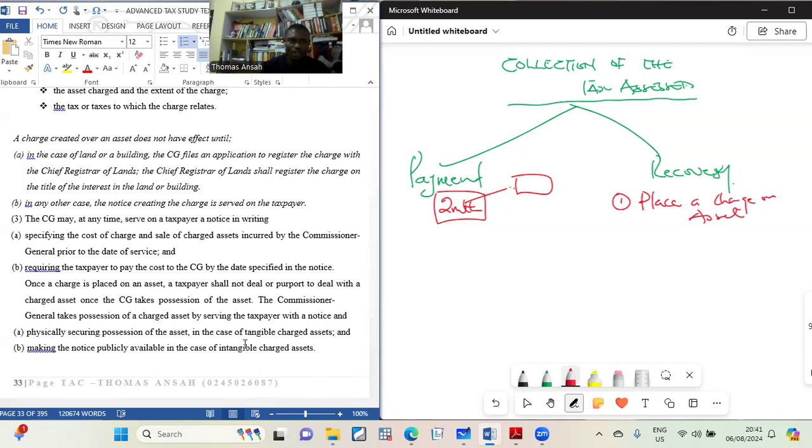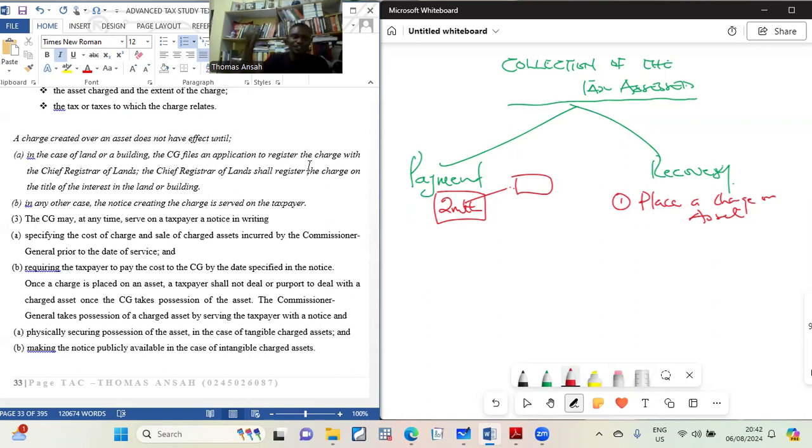In the case of a land or a building, the Commissioner General files an application to register the charge with the Chief Registrar of Land. So you have your land, but the Commissioner General will place a charge on your land, such that he becomes a person who has an interest in your land.